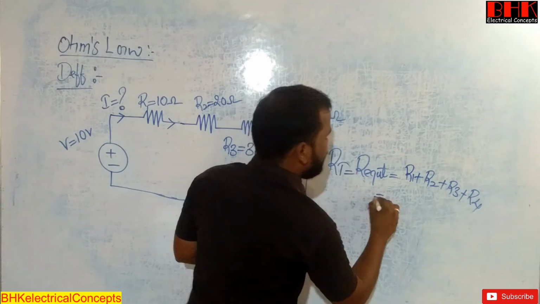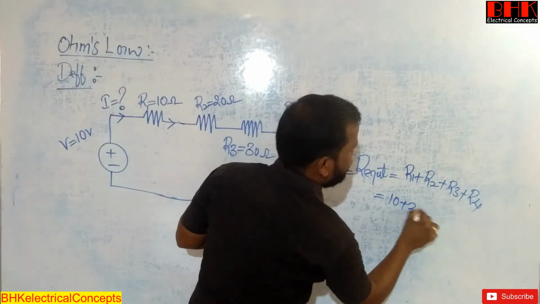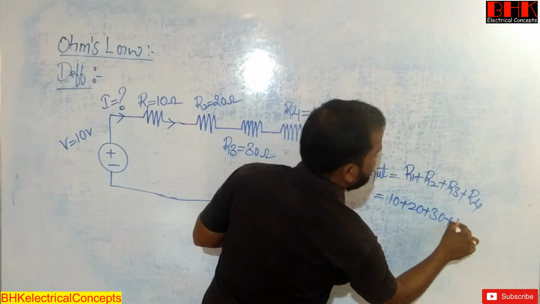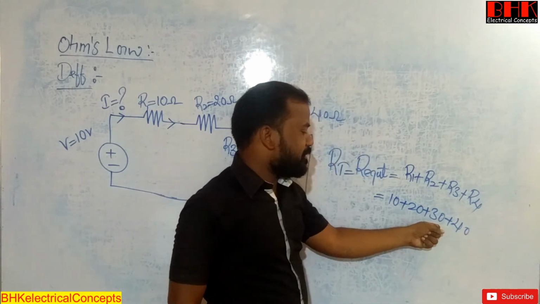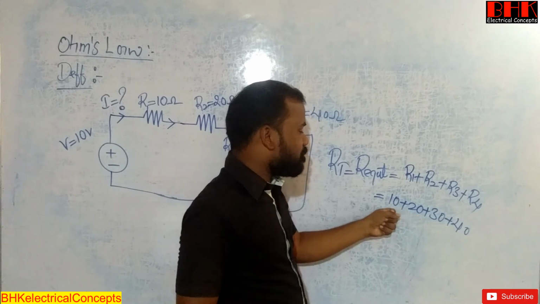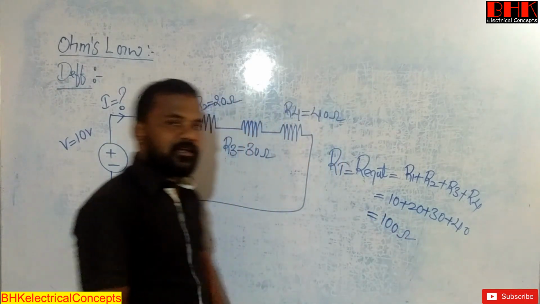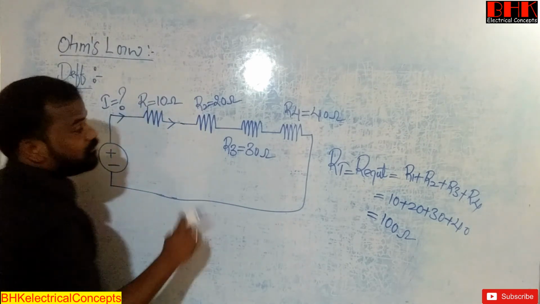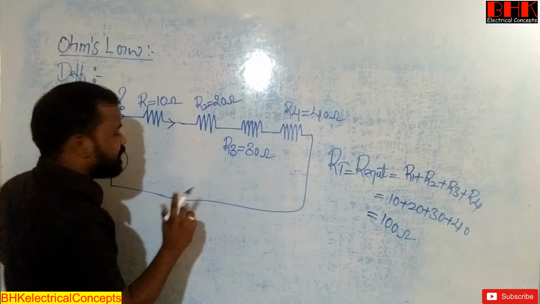The values of the resistances are 10, 20, 30, 40. Now 40 plus 30 is 70, 70 plus 20 is 90, 90 plus 10 is 100 ohms. So 100 ohms is the total resistance in this circuit.